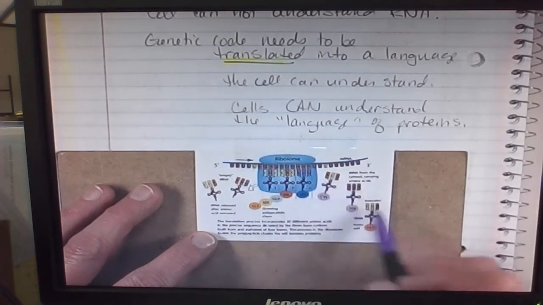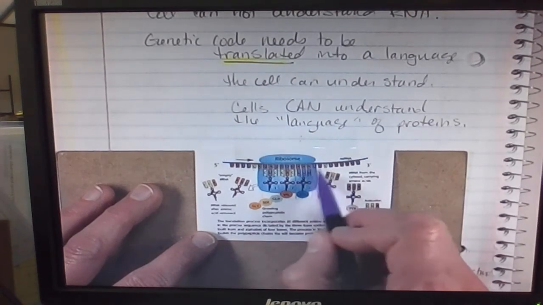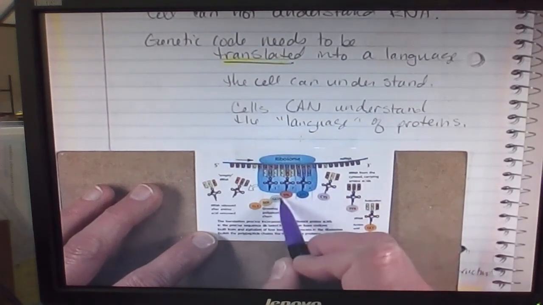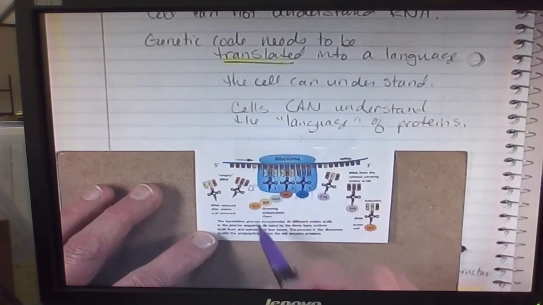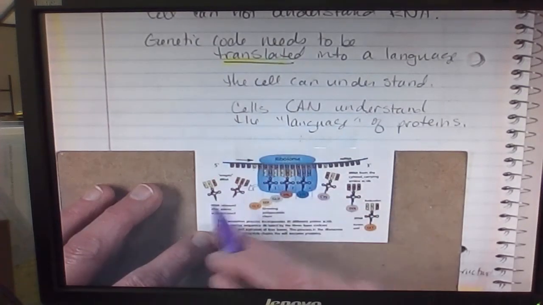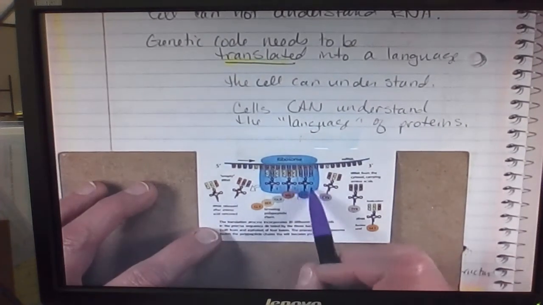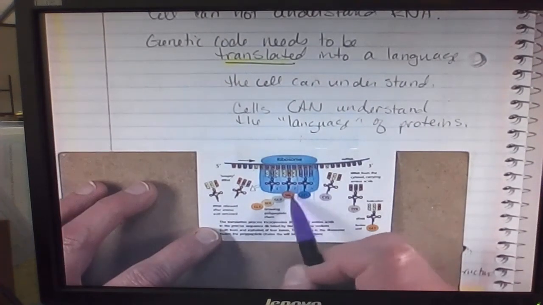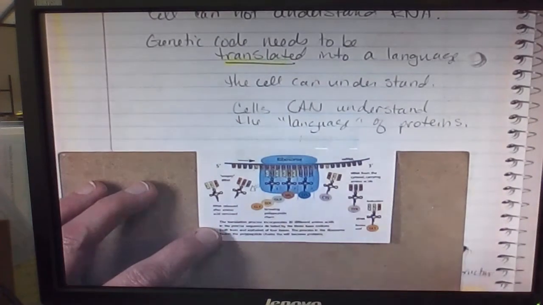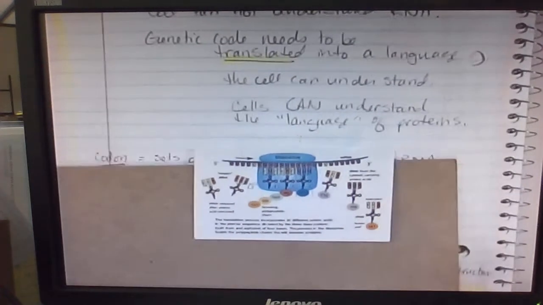These transfer RNA molecules are carrying those amino acids. Once they come here and line up, the ribosome is going to put a peptide bond between the amino acids, and then you're going to have this protein chain that's created. Once the transfer RNA adds its amino acid, then it gets kicked out and it goes back and picks up another amino acid.